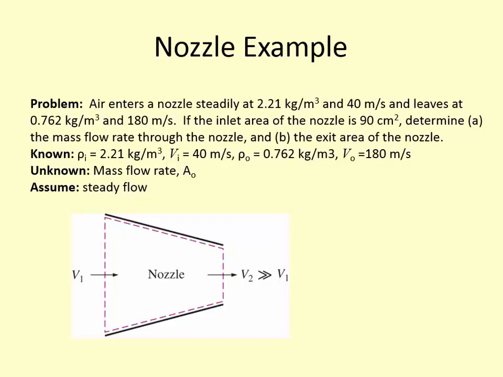All right, so our unknown in this case, or what we're supposed to determine, is part A, the mass flow rate through the nozzle, and B, the exit area of the nozzle. So do we have any equations that we've learned thus far that can help us determine A and B?